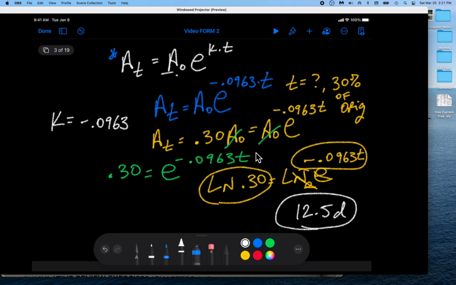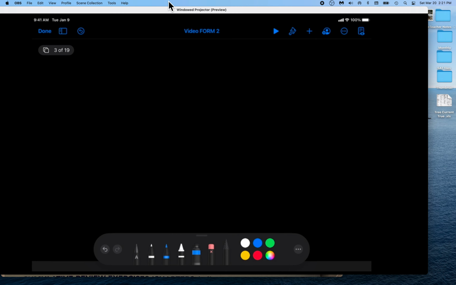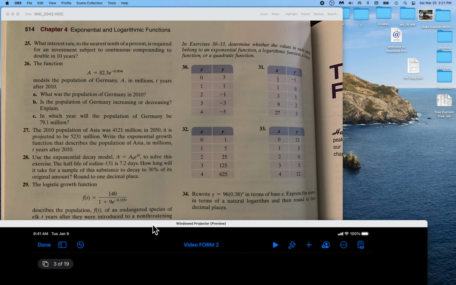Okay, folks, we're almost done, because we're going to skip all the way down to the last problem, 34. Okay, so this is a tricky problem. So I'm going to write it down, and we're going to talk about it.